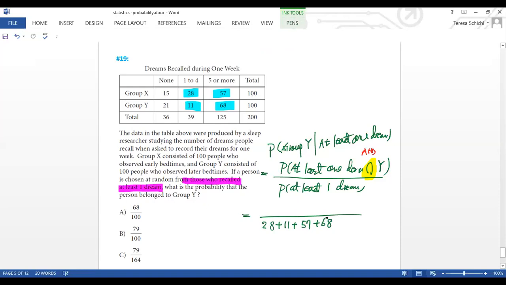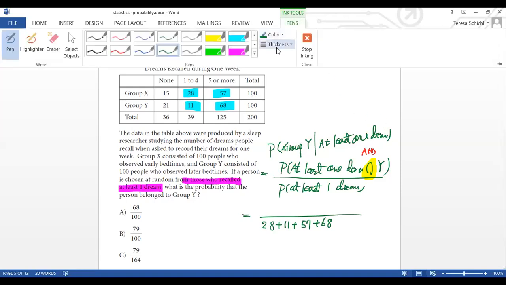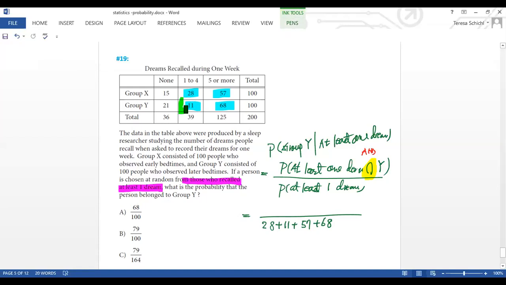Okay, so now they said at least one and the Y group, right? Can you tell me which ones are at least one and Y? It's these two, right? Those are the at least one and the Y, correct? So that means it's 11 plus 68, so this will be 79. And the denominator is 164.